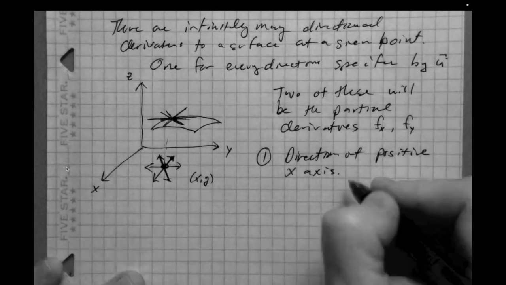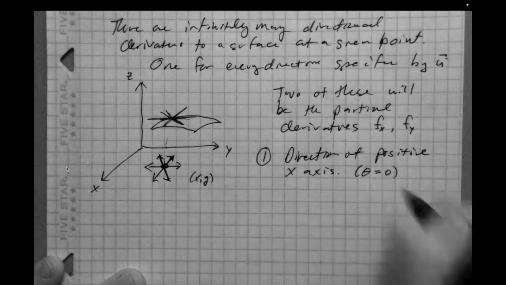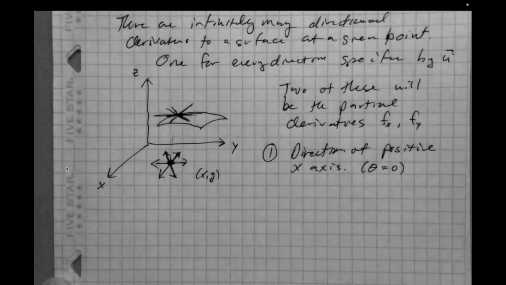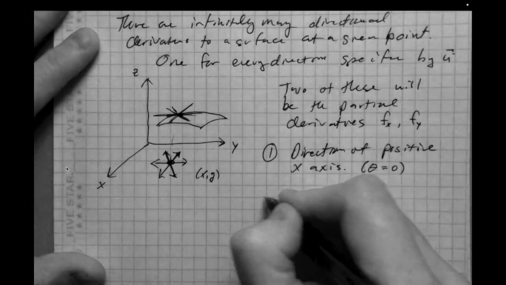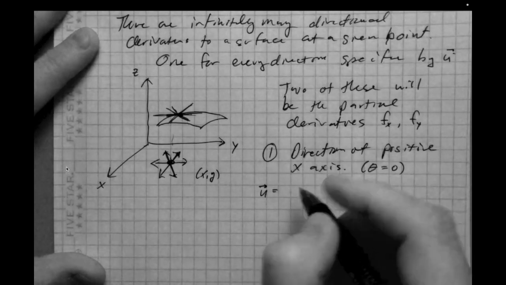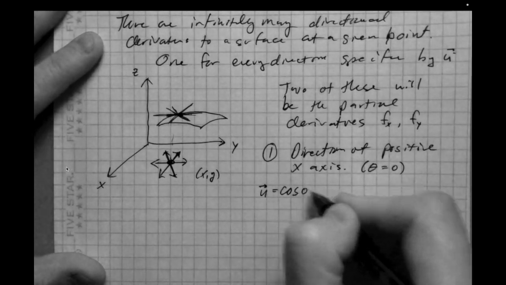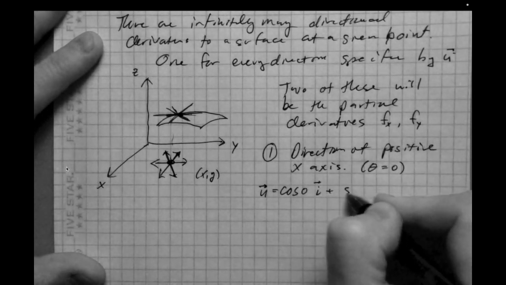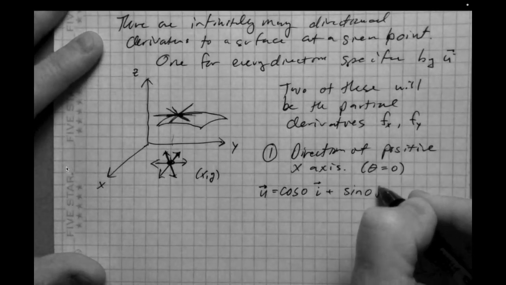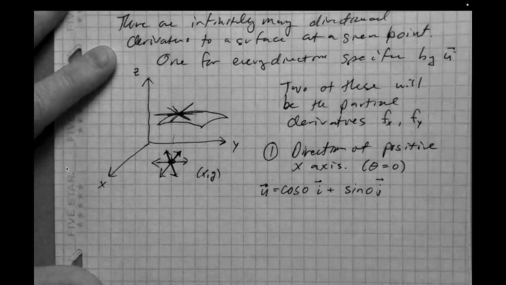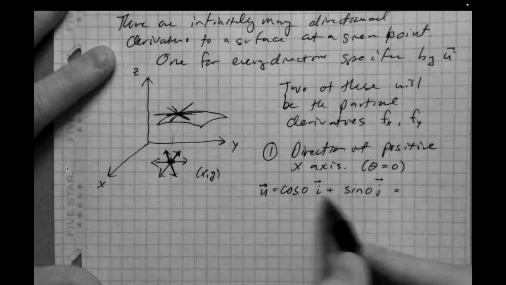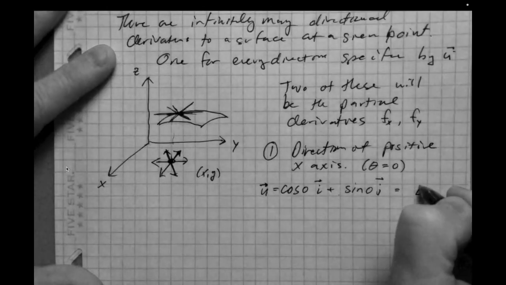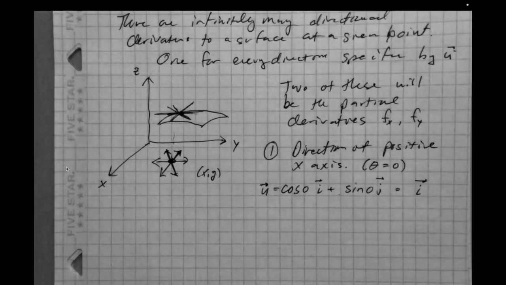In that case, theta will be 0. Remember, theta is the angle between the direction vector and the positive x-axis, so naturally this will be 0 in this case. And so our u here would be cosine of 0 i plus sine of 0 j. Obviously the sine of 0 is 0, so this will just be equal to the i unit vector.